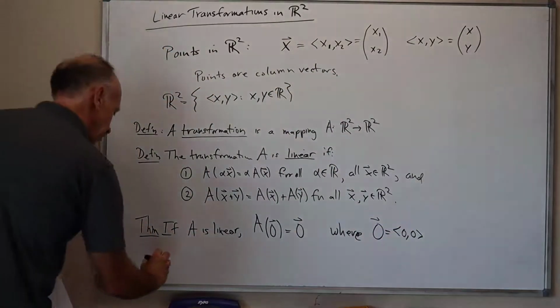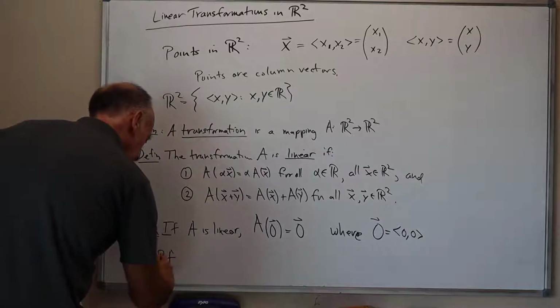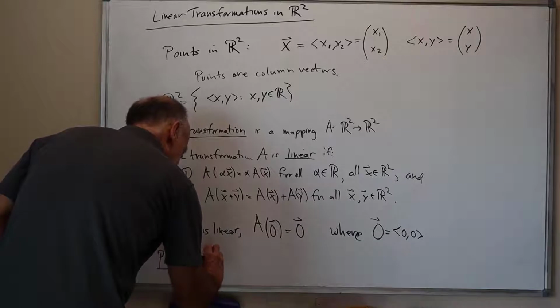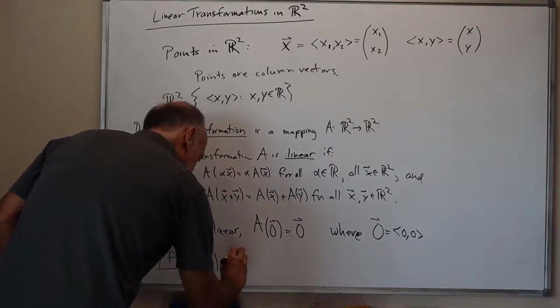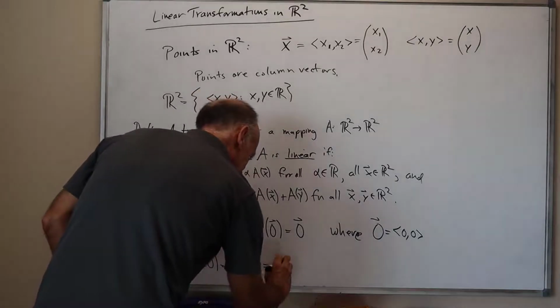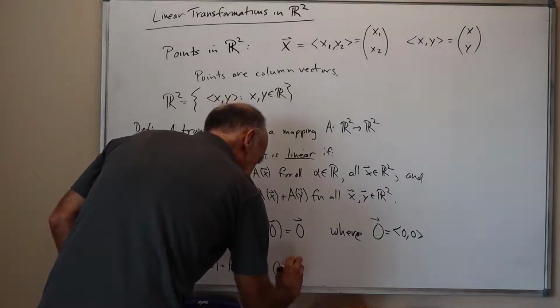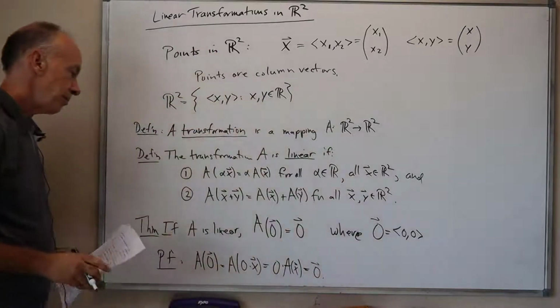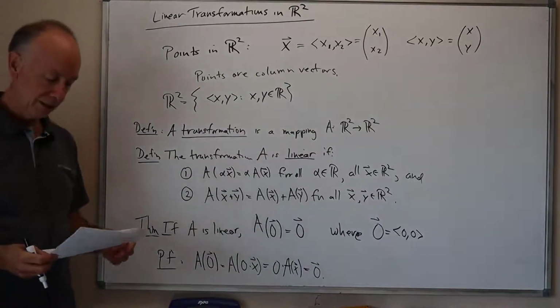The proof is very simple here. For any x, we have that A of 0 vector is equal to A of 0 times x is equal to 0 times A of x is equal to the 0 vector. So linear transformations take the origin to the origin.